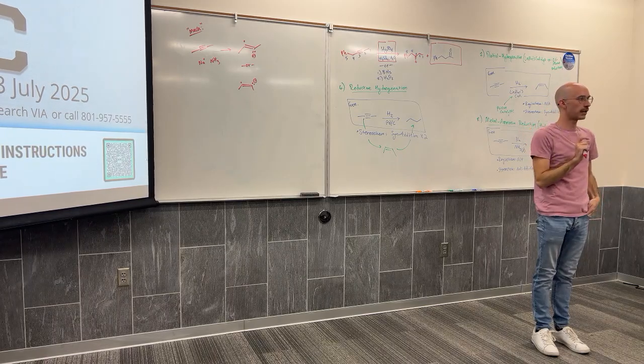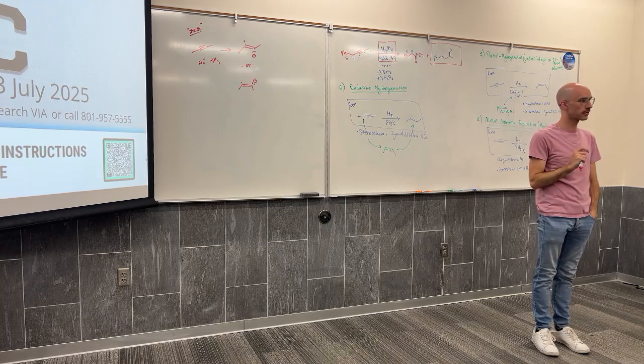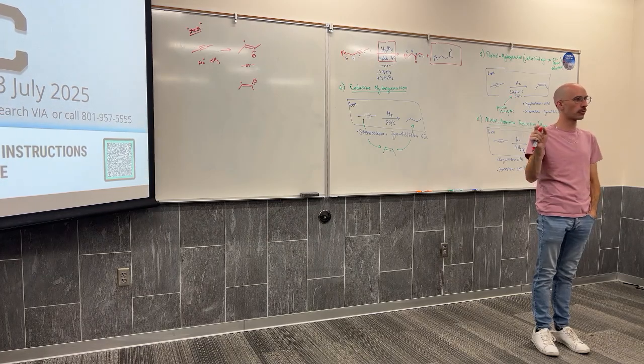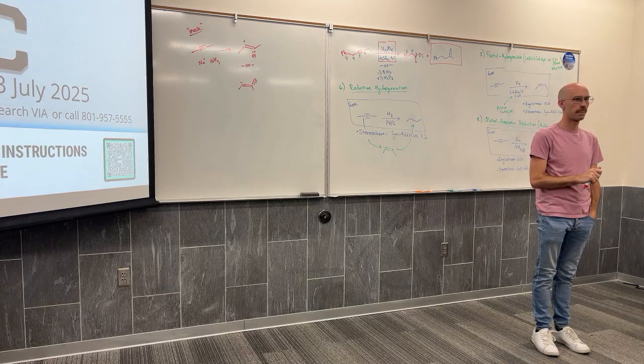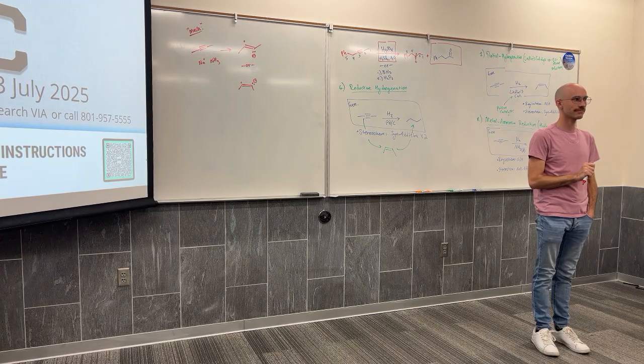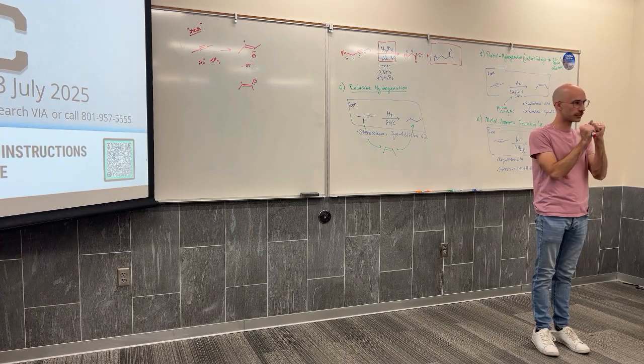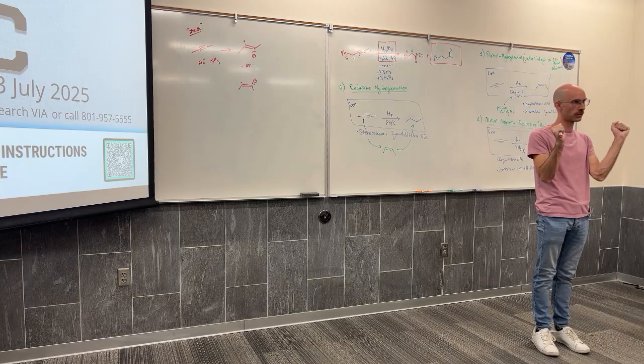Do you know what type of electron repulsion is the strongest? Lone pair to lone pair, lone pair to bonding pair, or bonding pair to bonding pair? Lone pair to lone pair is the strongest type of electron repulsion.